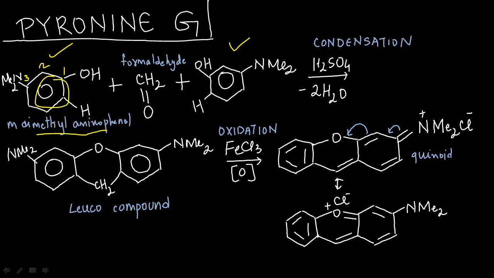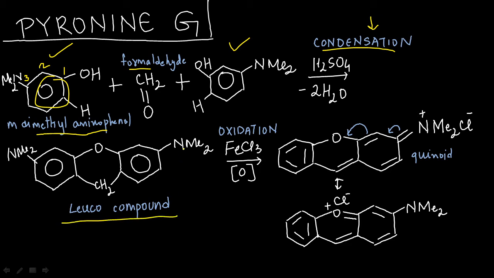Now the next reactant that we have is formaldehyde. It is an aldehyde, the simplest aldehyde, HCHO. Then this undergoes condensation, a condensation reaction in presence of H2SO4, and then we have a leuco compound.